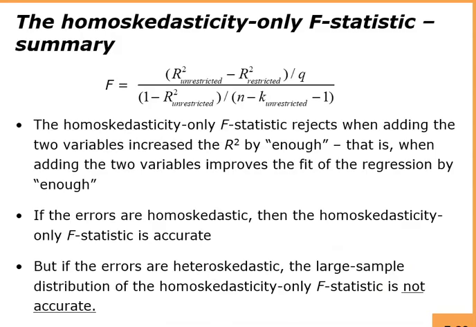So the summary is that the homoskedasticity only F-statistic rejects when adding the two variables increases the R square by enough. So if the errors are homoskedastic, then the homoskedasticity only F-statistic is accurate, but if the errors are not homoskedastic, meaning they are heteroskedastic, then the large sample distribution of the homoskedasticity only F-statistic is not accurate.